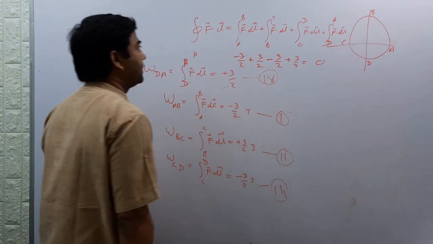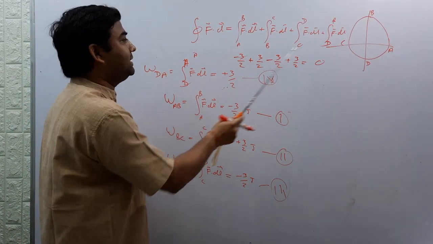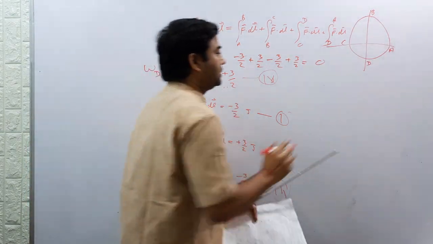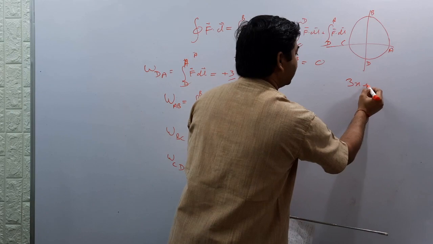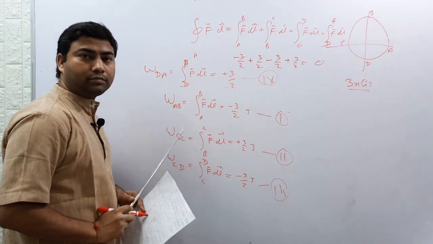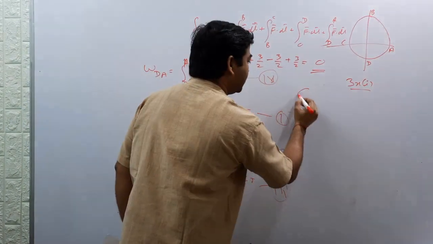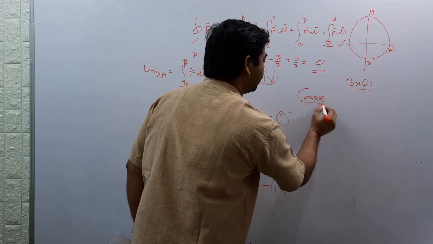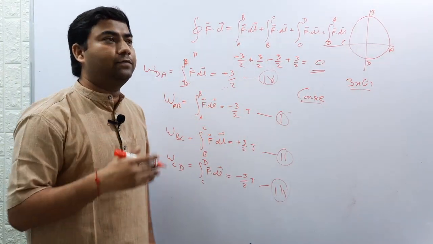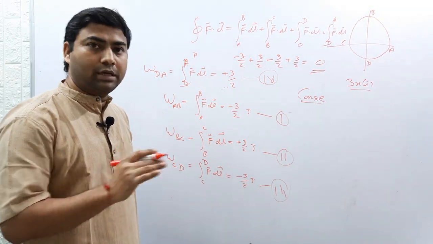This is 0. So we see here the circulation, that is the line integration along a closed path for this force, which is given by 3xi, is 0. That means this force is a conservative force. Whenever the circulation, or the line integration of a vector field along a closed path, is 0, then the vector field is called conservative.